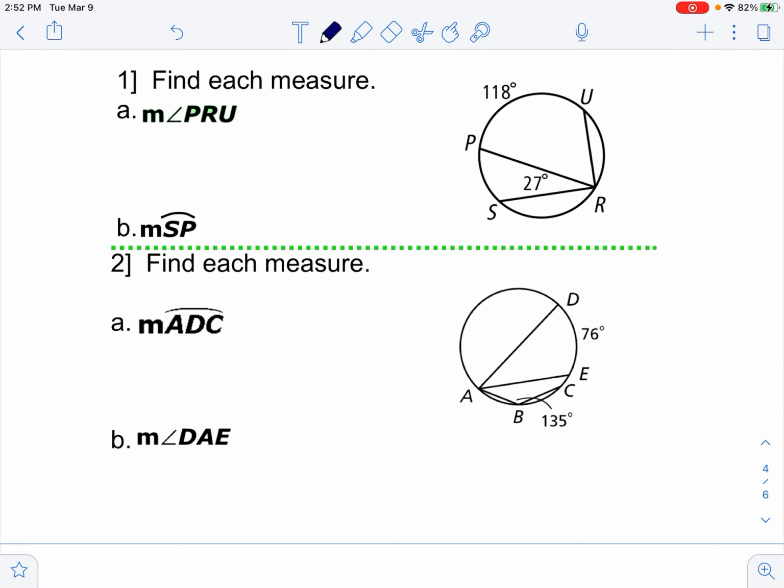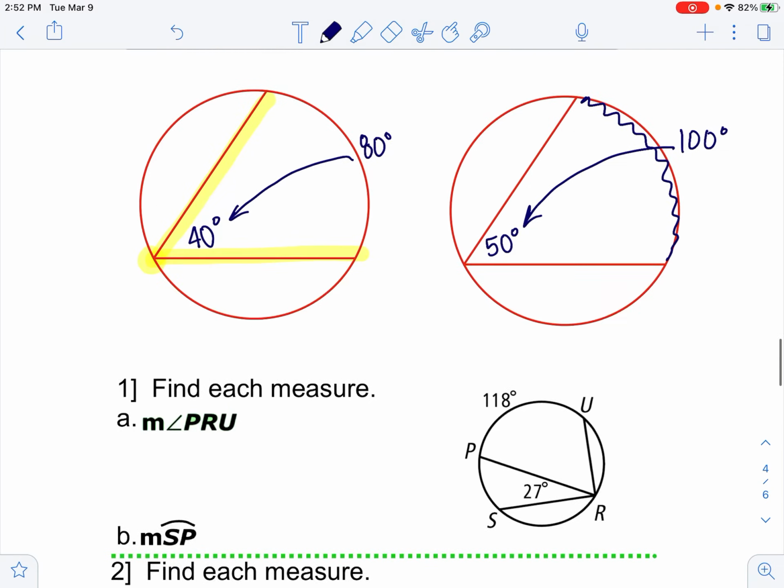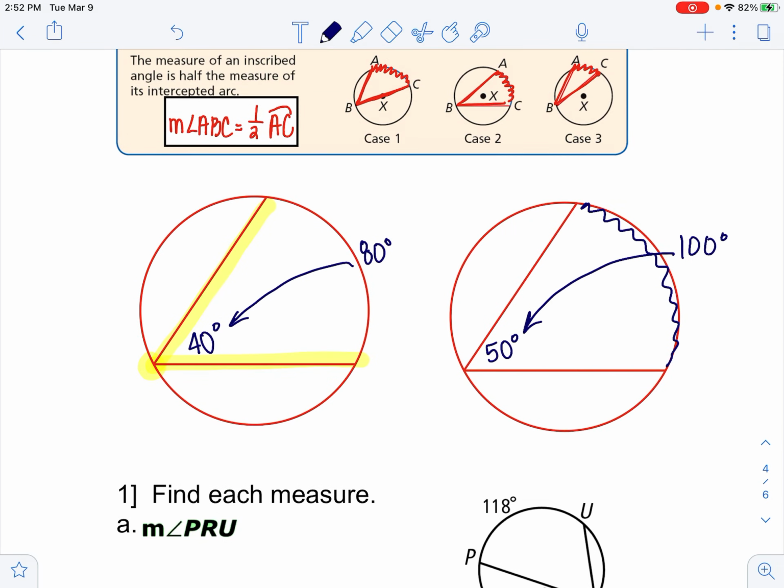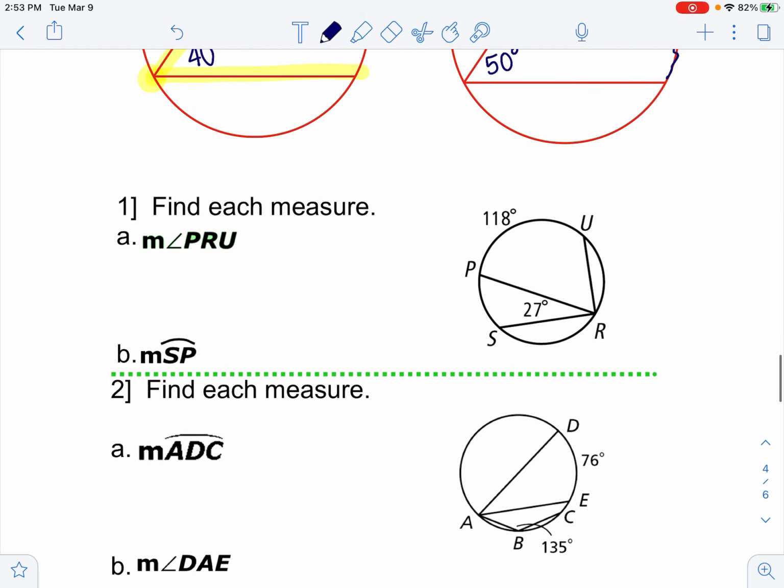Okay, let's do a couple examples with a little bit more complicated diagrams to make sure we're okay. If I gave you the straightforward, easy ones like this, it's too easy, right? The first one here says find the measure of angle PRU. So the first thing I'm going to do is trace angle PRU with the highlighter to make sure everyone sees what it is. So I want that angle right there.